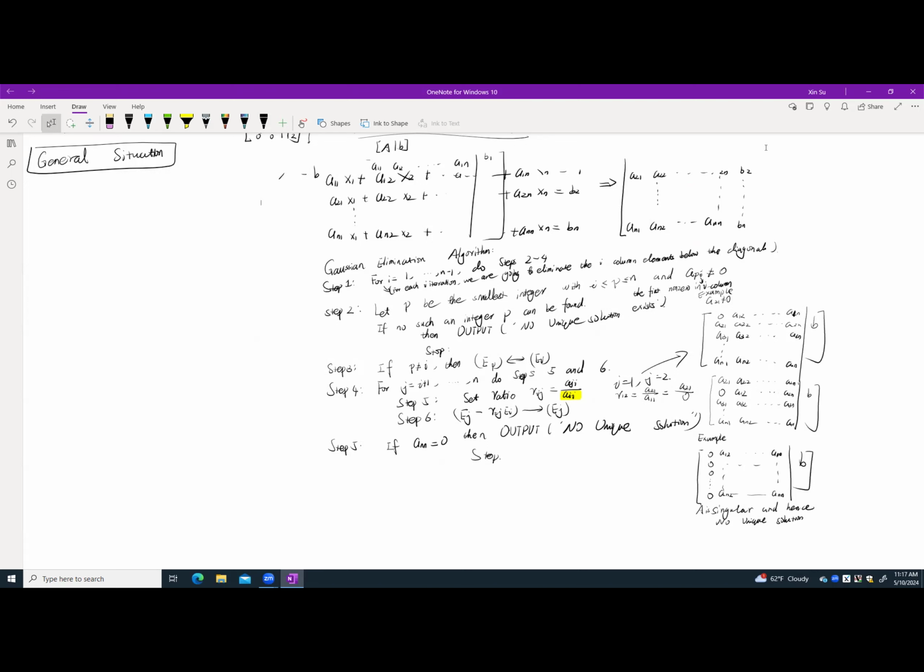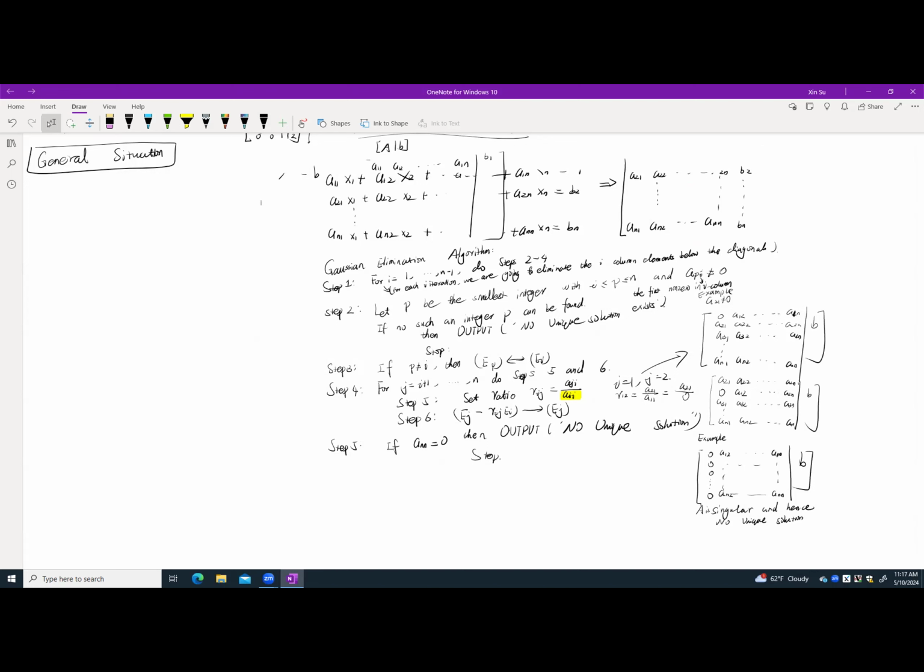If you keep doing the summation, you will find that the number of operations we need to finish one Gaussian elimination is big O, approximately 1/3 n cubed, where n is the dimension of your matrix, the dimension of your problem.